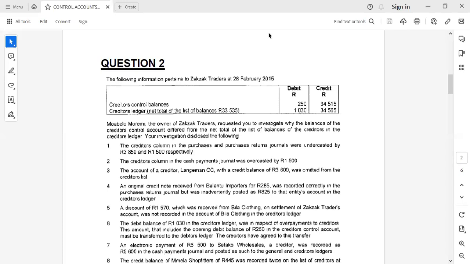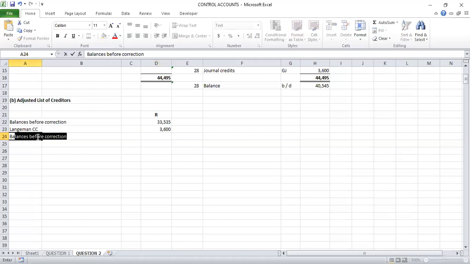Right, so we have Balantu importers. Return overstated. So we have to add back the balance. Remember that a return will have reduced our account.